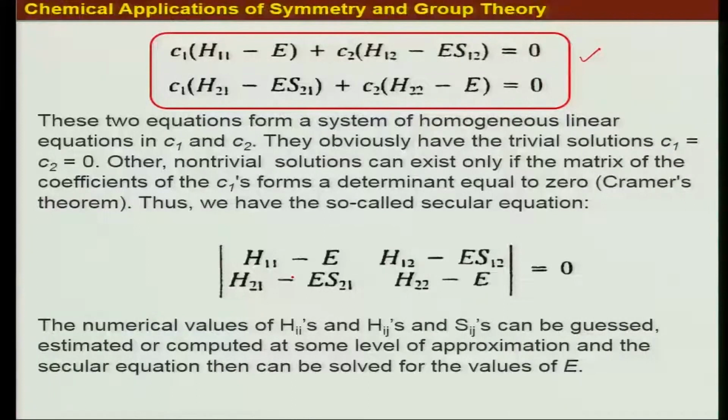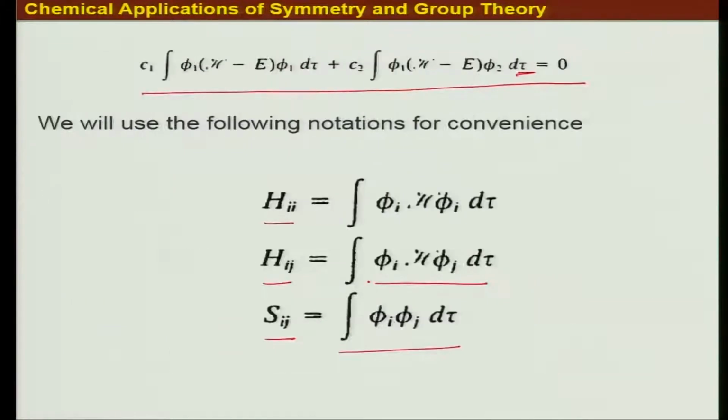It is written in terms of these integrals H11, H12, and we have a term particularly S12. This E S12, or E S21, we can get because if you go back and see these integrals here, you can interchange the position of phi 1 and E. This has nothing to do with the integral because E is a mere scalar quantity.